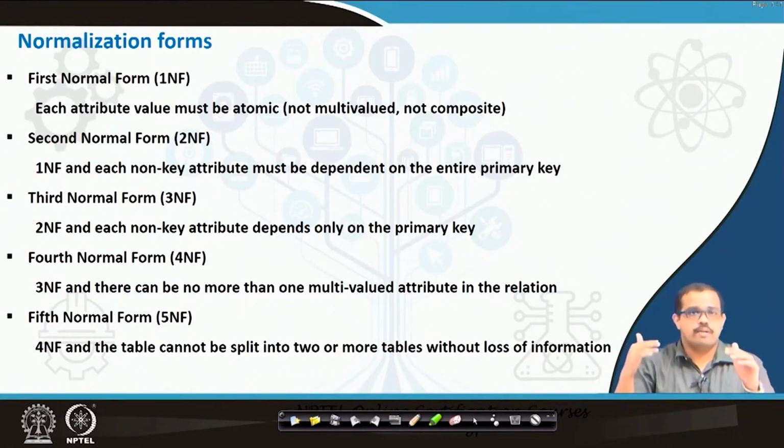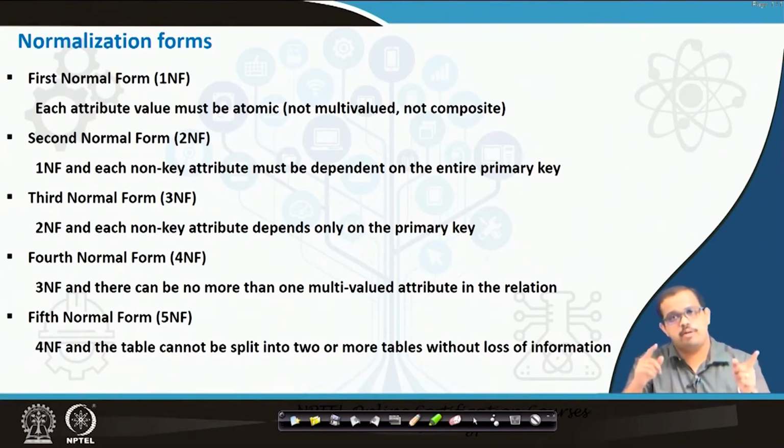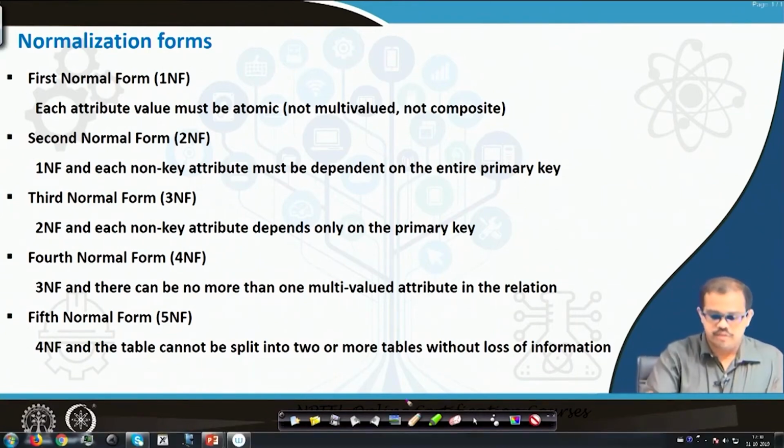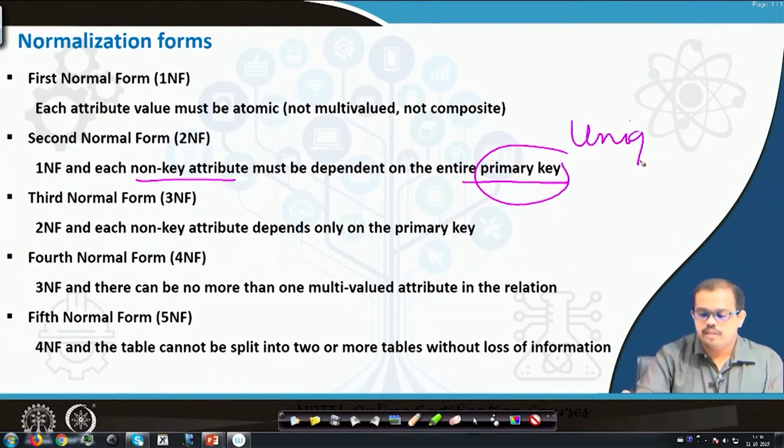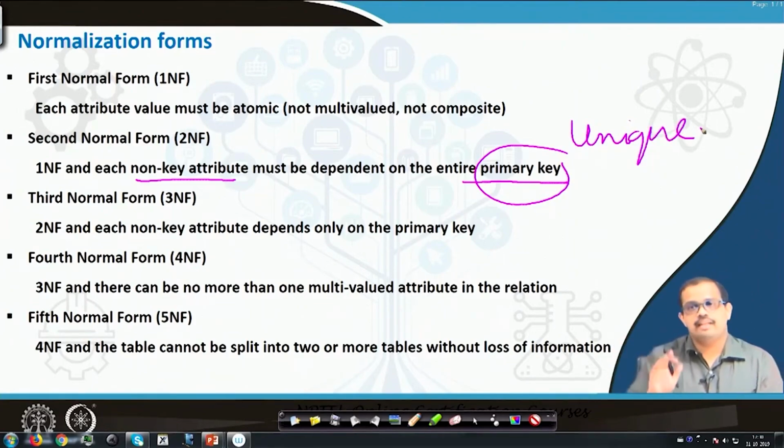When I say second normal form, the main condition is that your database should first be in the first normal form. Once your database is in the first normal form, all the non-key attributes must be dependent on the primary key. Please understand the usage of primary key and non-key here. A primary key is a unique key which uniquely identifies a record in the entire database.